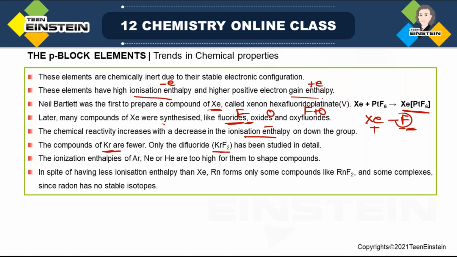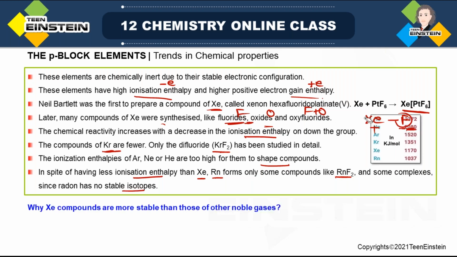The ionization enthalpy of the first three, helium, neon, and argon, is so high that they cannot form any compound. In spite of having lesser ionization enthalpy than xenon, argon forms only some compounds, fewer than xenon, and some complexes. Radon has no stable isotope because it is radioactive.